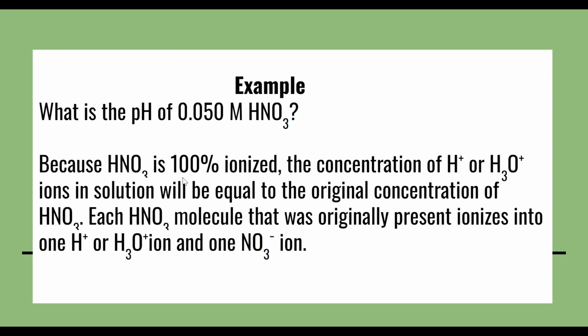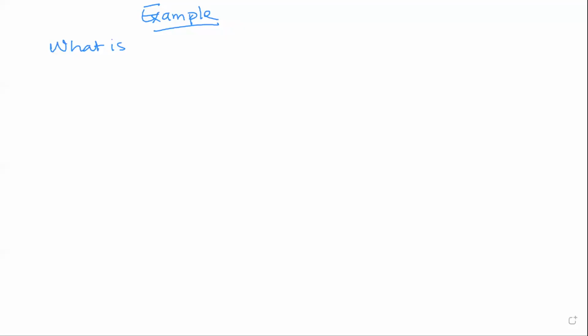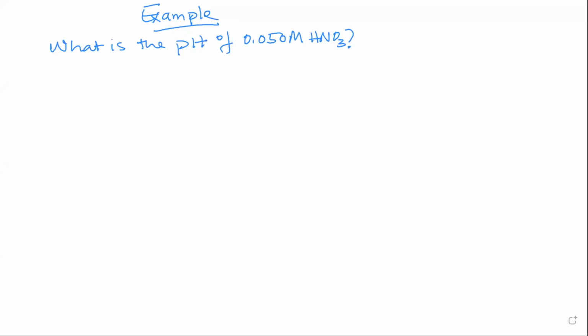So each nitric acid molecule that was originally present ionizes into one hydrogen ion or hydronium ion and one nitrate ion. So let's look at this example together. What is the pH of 0.050 molar HNO3?